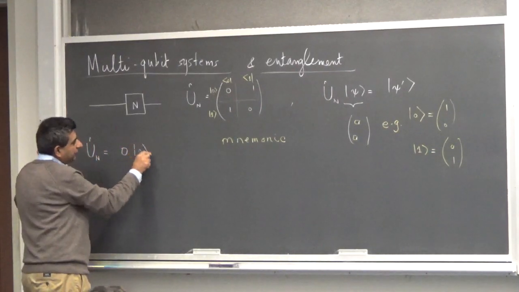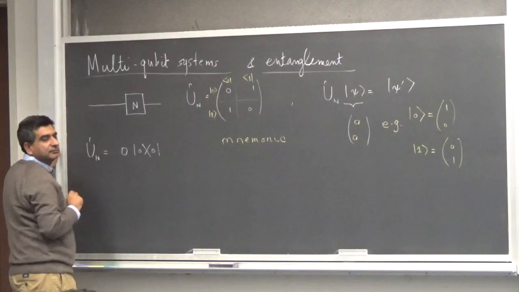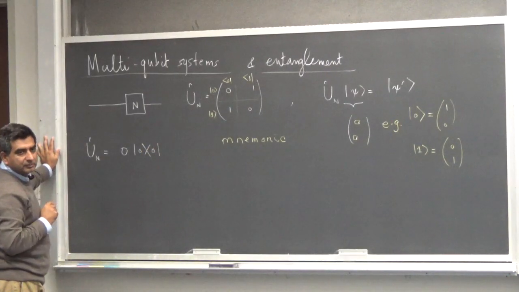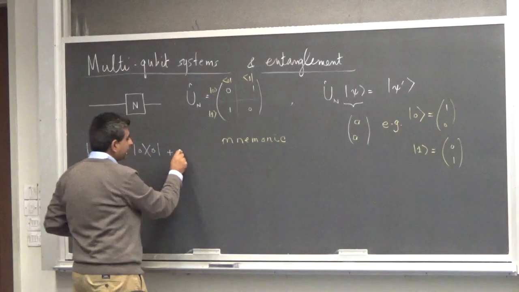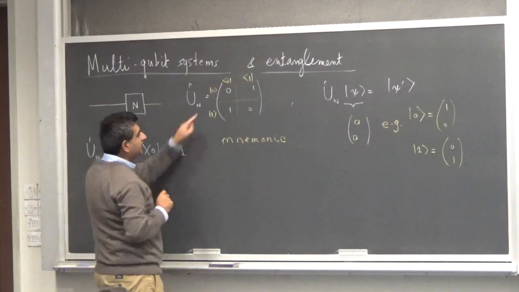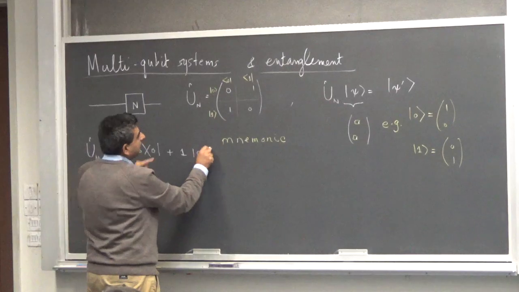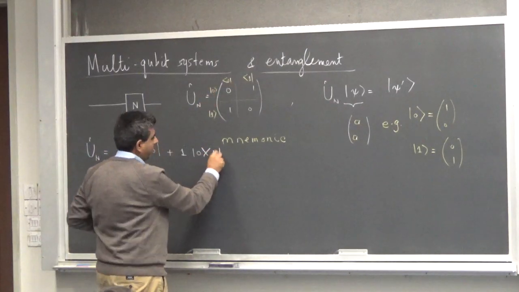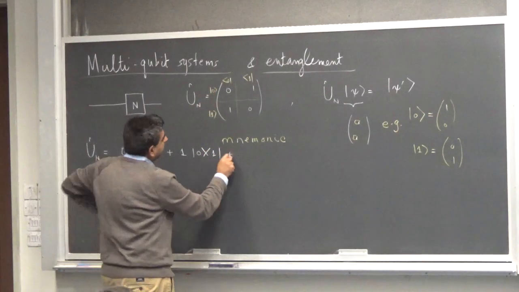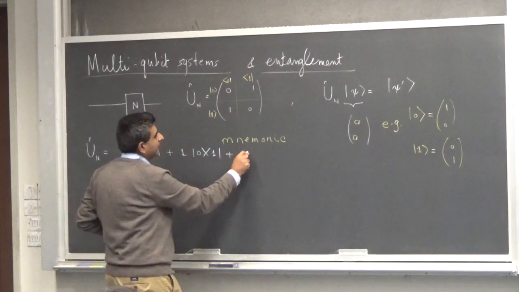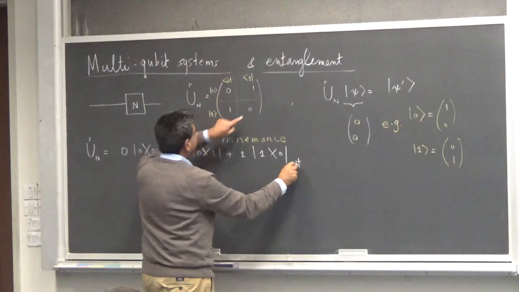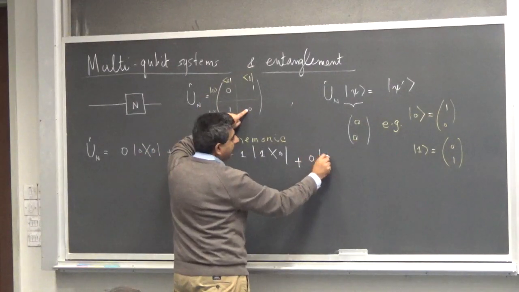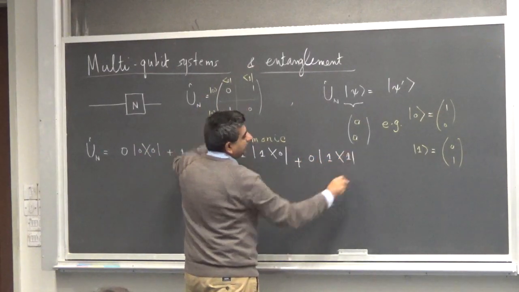A ket 0, bra 0, plus this element corresponds to coefficient 1 ket 0 bra 1, plus this coefficient 1 ket 1 bra 0, plus this coefficient 0 ket 1 bra 1.